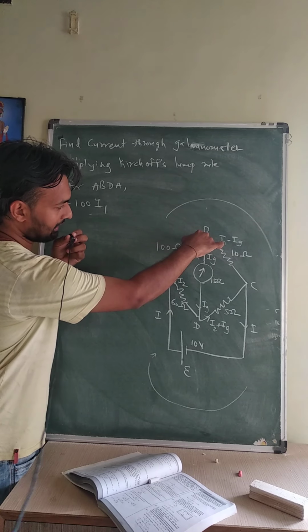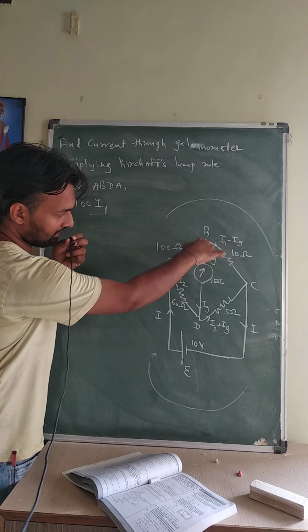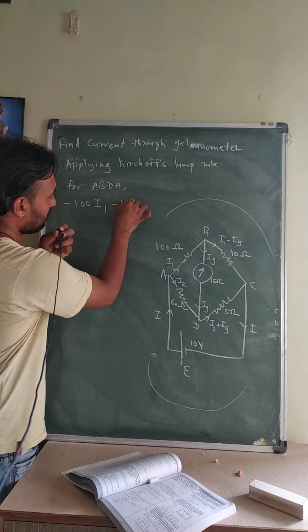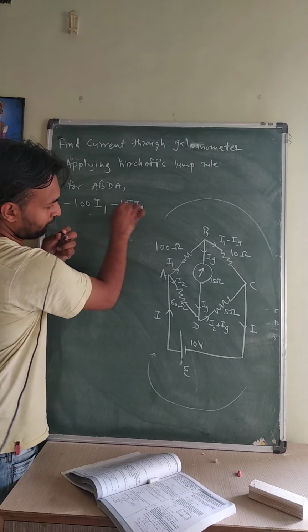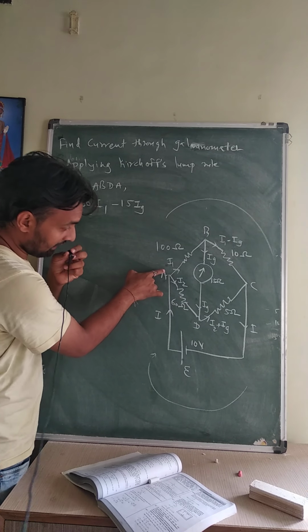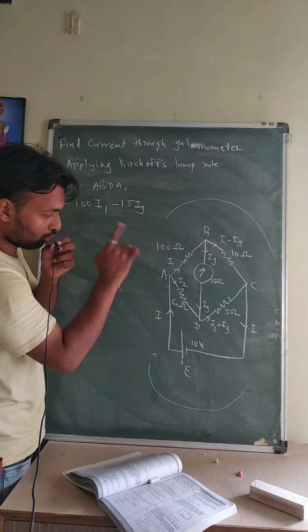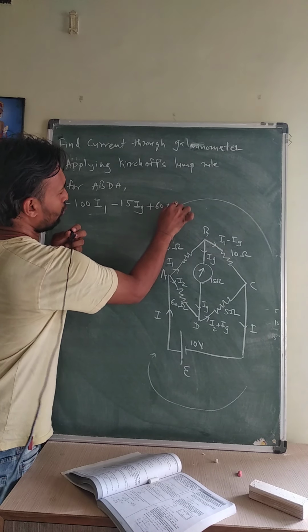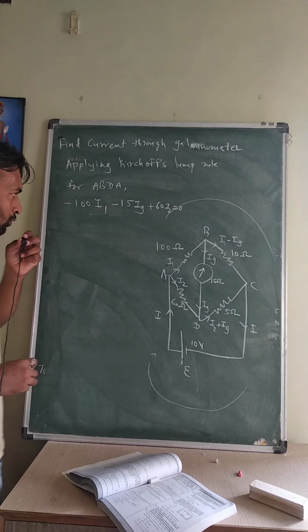For the resistor where the direction of journey and the direction of current are the same, it will be minus 15 Ig. And where the direction of journey and the direction of current flow through the resistor are opposite, it will be plus 60 I2, equal to 0.